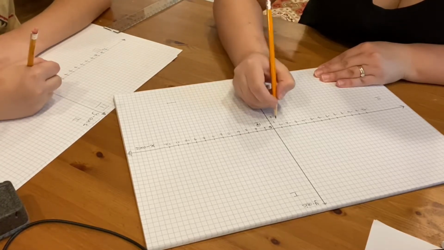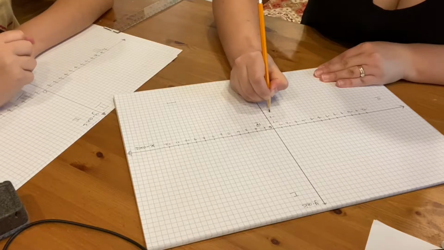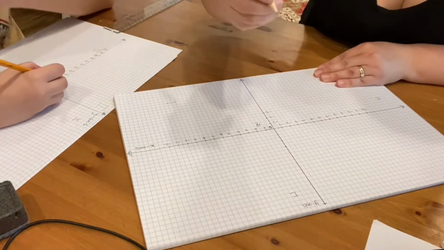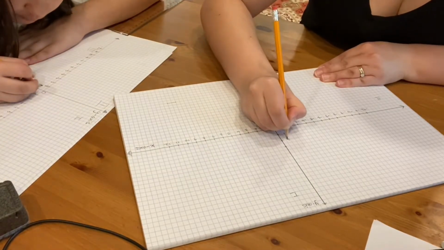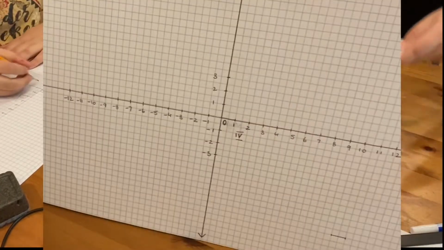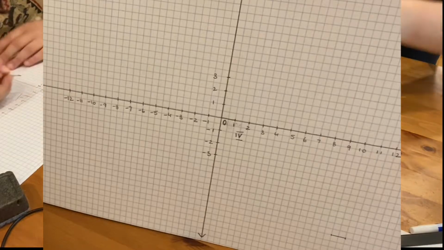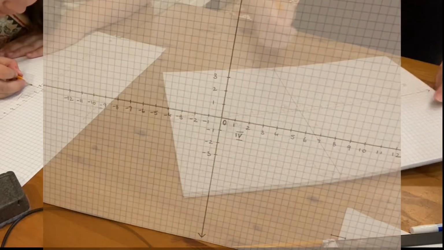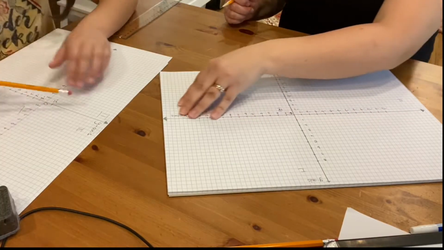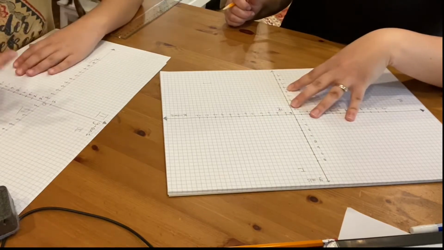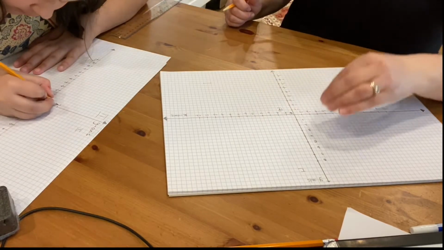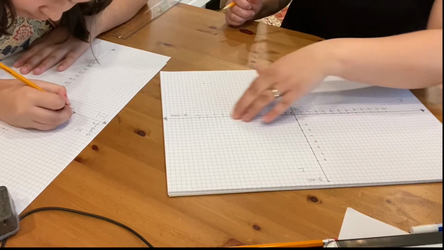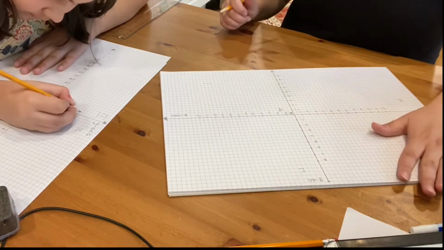The negative numbers go to the south, and the positive numbers are going to go up towards the north. 1, 2, 3. I just put the first few and I'm going to continue. These numbers are important because you're going to use them to graph your points.